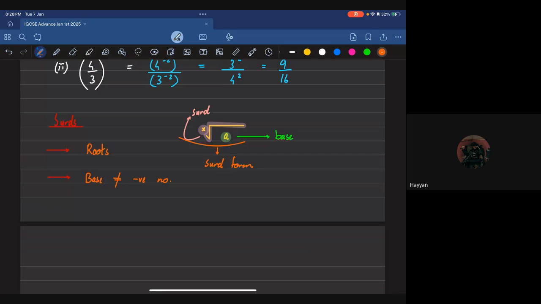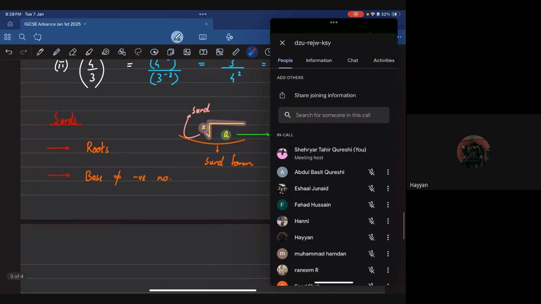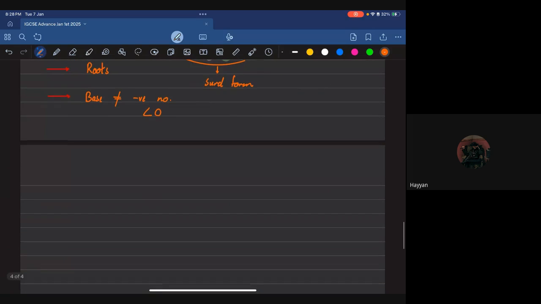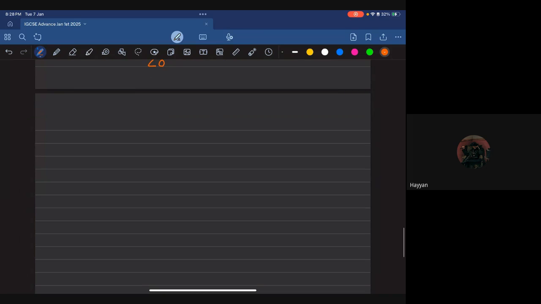This sign resembles that something is not equal. So your base is not equal to a negative number; it can never be less than zero. That cannot happen. Apart from this, obviously we have certain rules as well. So let's look at these rules of surds.